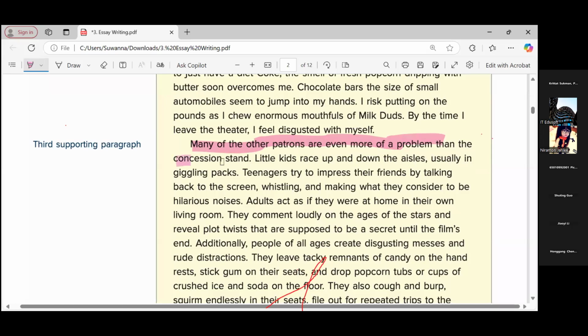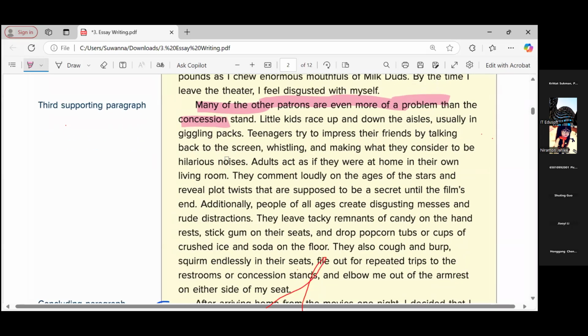Are you following me? The third paragraph deals with the last point of the thesis, which is about the behavior of the patrons. So this whole paragraph will be describing the behavior of the patrons. You understand?